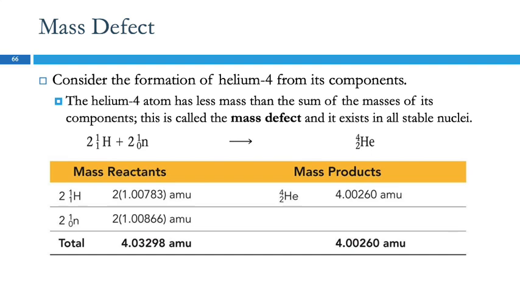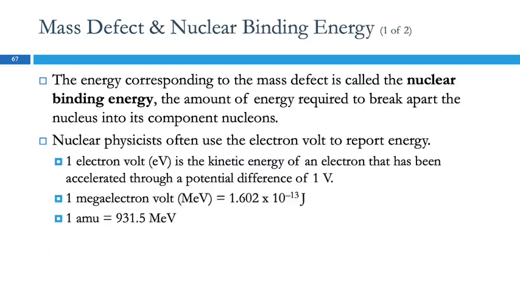So this is called the mass defect. You can do this with any isotope, any nuclide. You can look at its mass and compare it to the mass of the parts that make up that thing, and there's going to be some missing mass, and that's called the mass defect. So the energy that corresponds to that mass defect is called the nuclear binding energy.